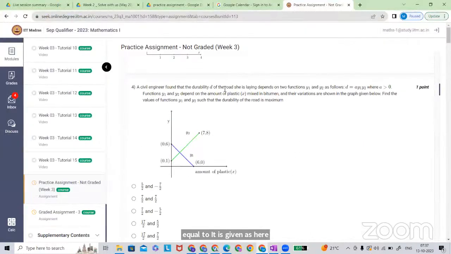The problem is: a civil engineer, the durability is D of a road, and Y1, Y2 are two functions which follow this condition, A is greater than 0. In the graph below, find the values of the functions Y1 and Y2 such that the durability of the road is going to be maximum.